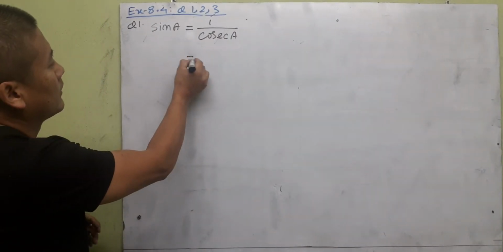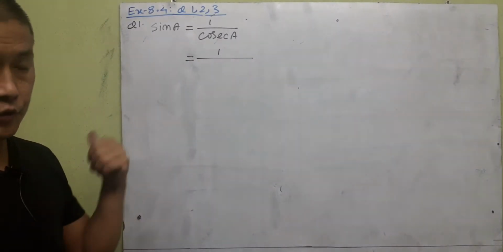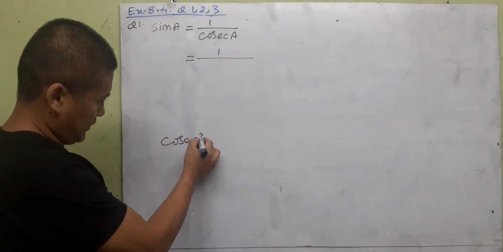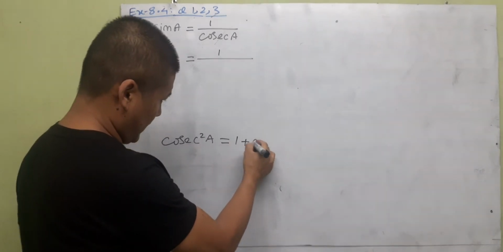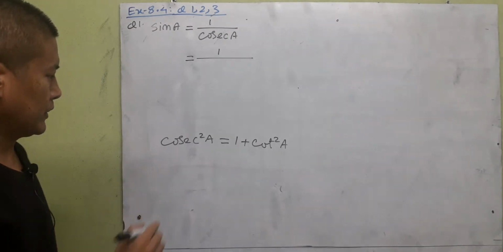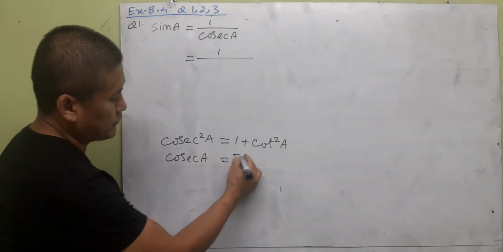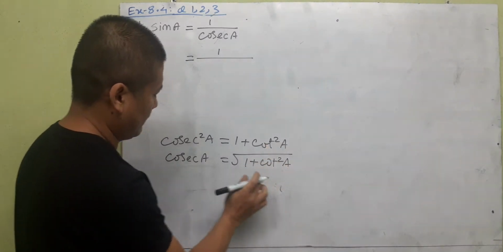So here, how do we change this to in terms of cot A? Now let us go down and see here. We have been doing this formula, very familiar to us now. Cosec square A is equal to 1 plus cot square A, right? So if you remove this square here, then we'll get a root here, 1 plus cot square A, right?